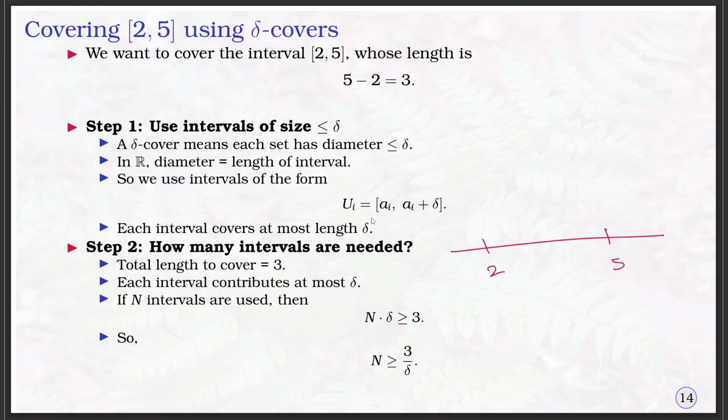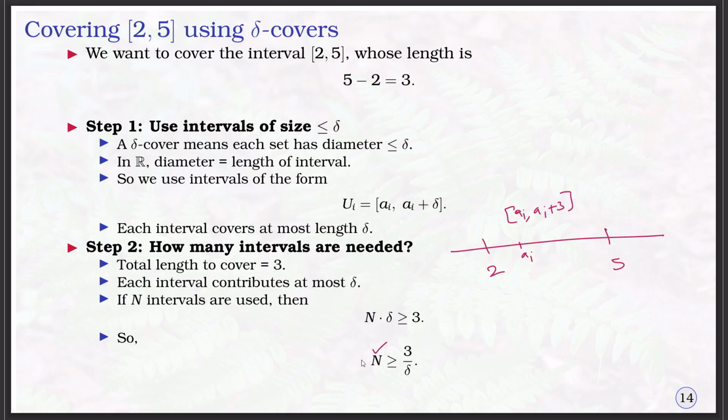If we use n intervals, then n times delta is greater than or equal to 3. So n is greater than or equal to 3 by delta.